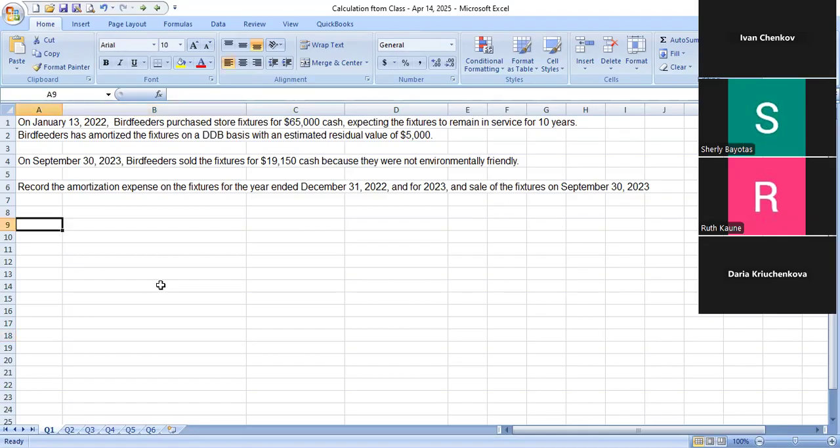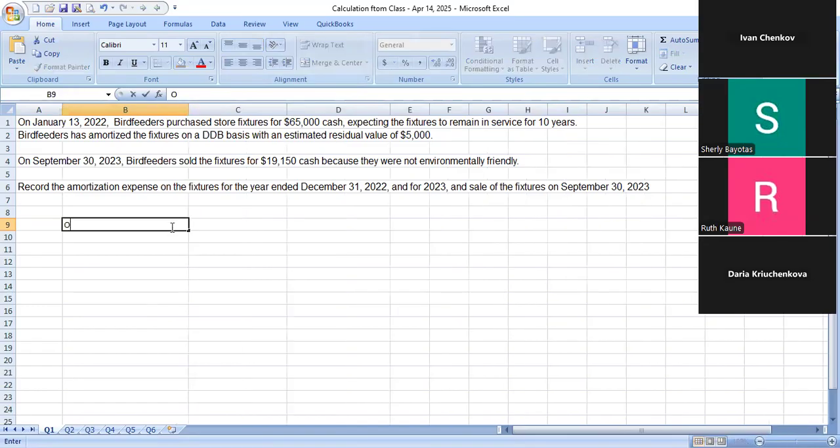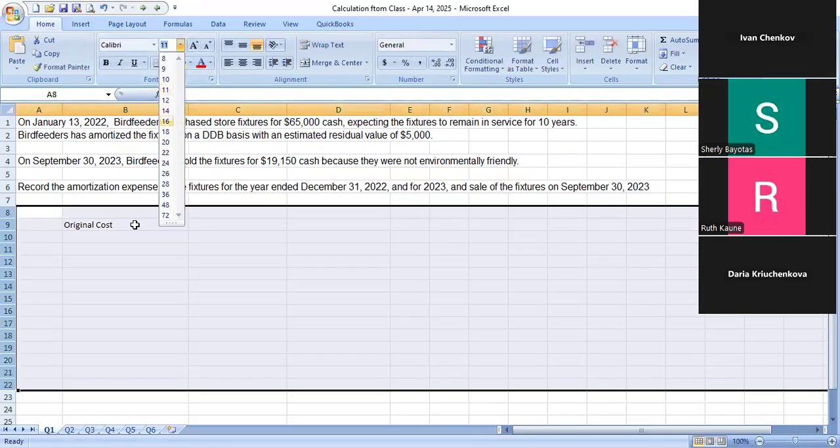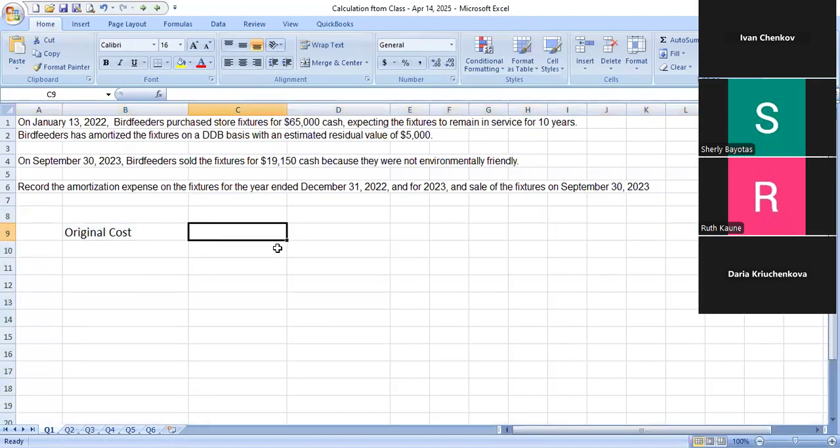First, we're dealing with assets, correct? So you can easily calculate the original cost of the asset. Let me make those bigger so you can see them. Original cost of this asset is $65,000. That's our starting point.